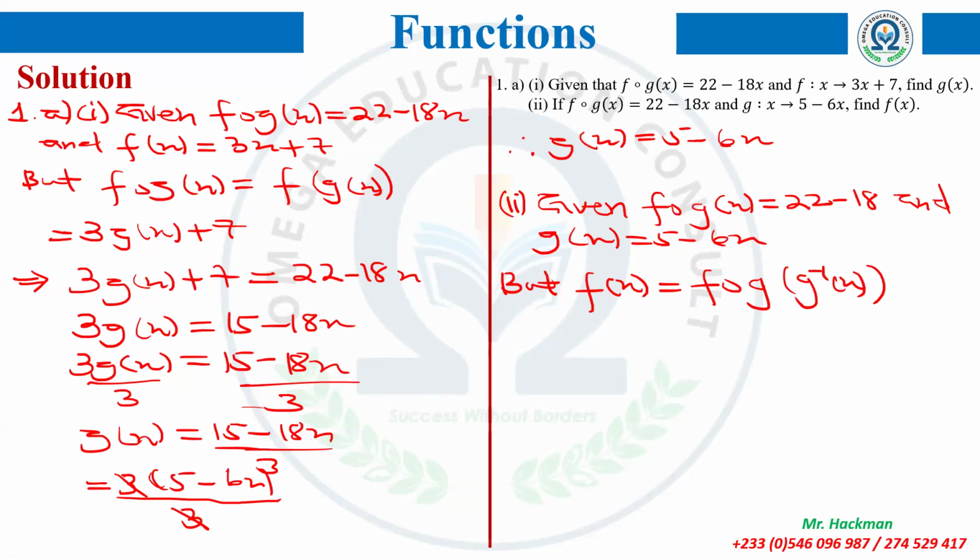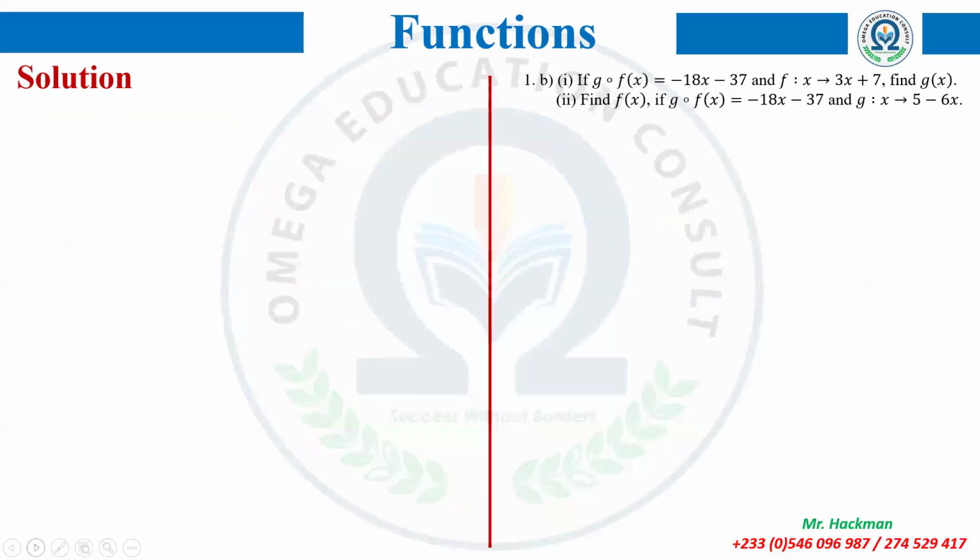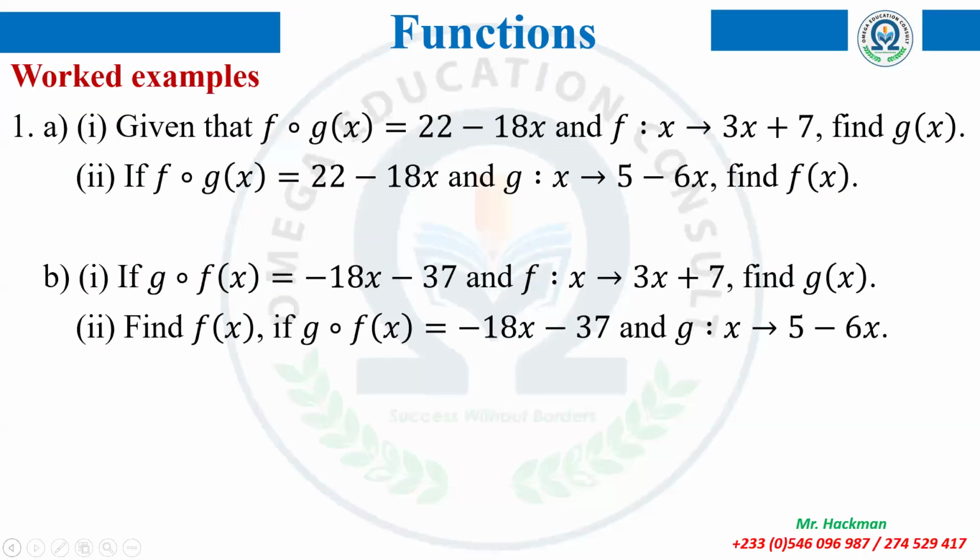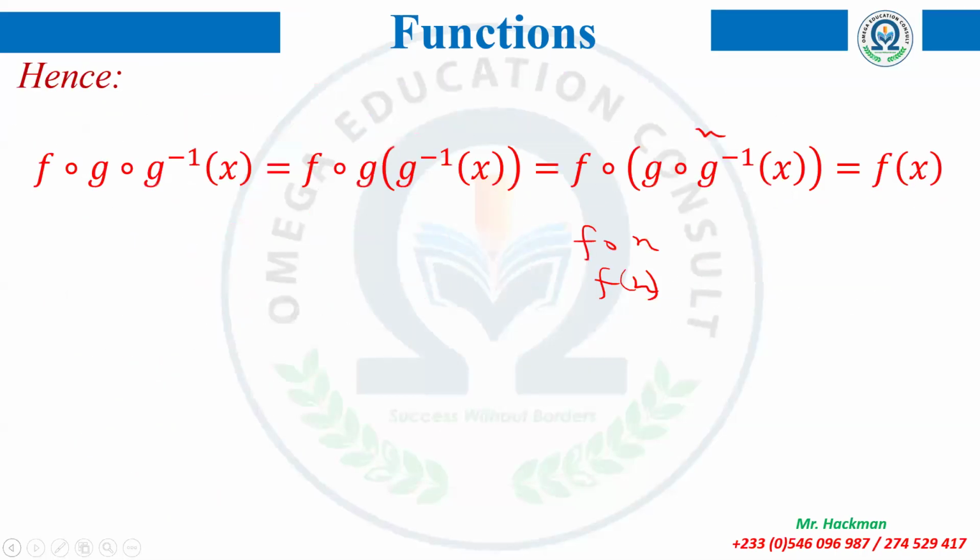Let's go back. That's how I always build my arguments. Looking at where we came from, if you understood, then this shouldn't be a problem. Anytime you find a composite, remember what I have here. If I'm looking for this function, we said f of x will be equal to f of g inverse of x. Can you see that?